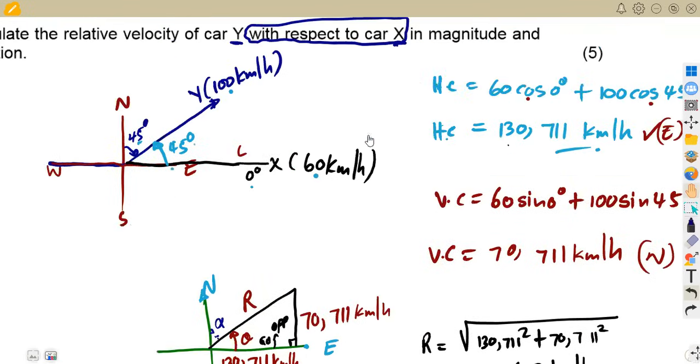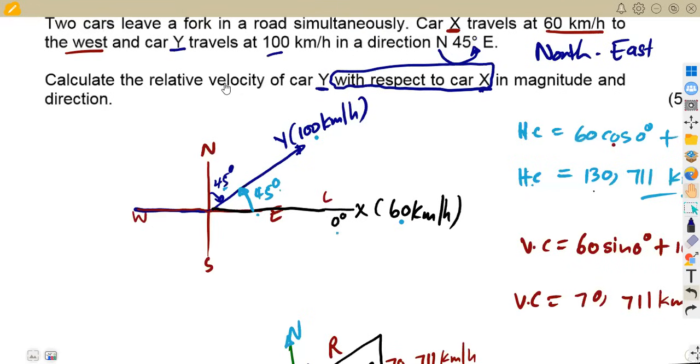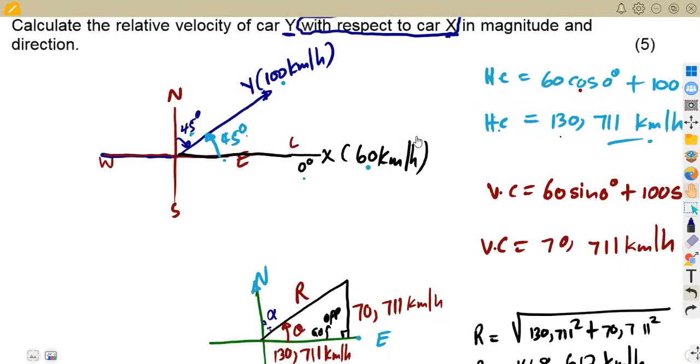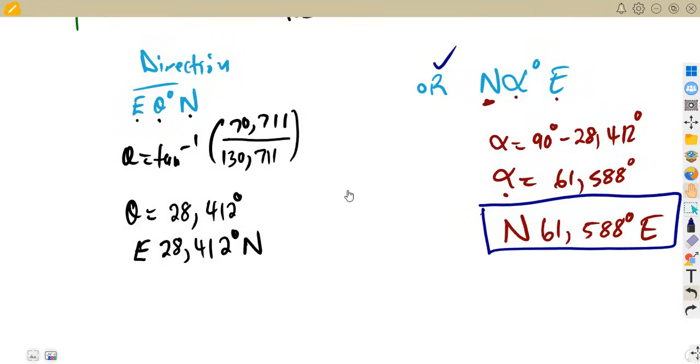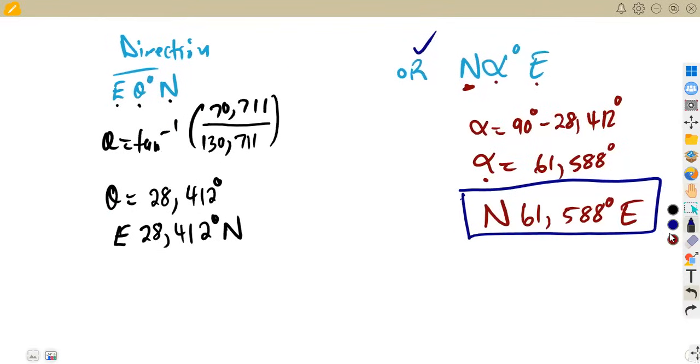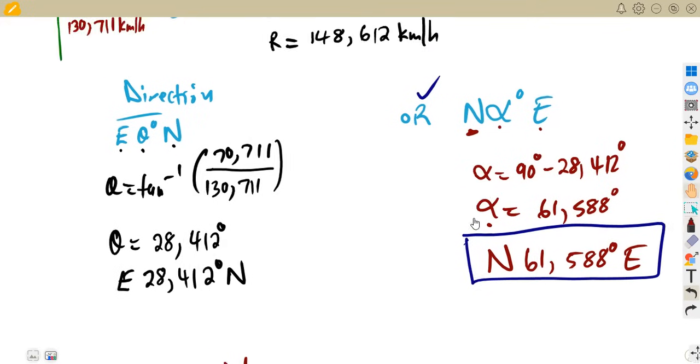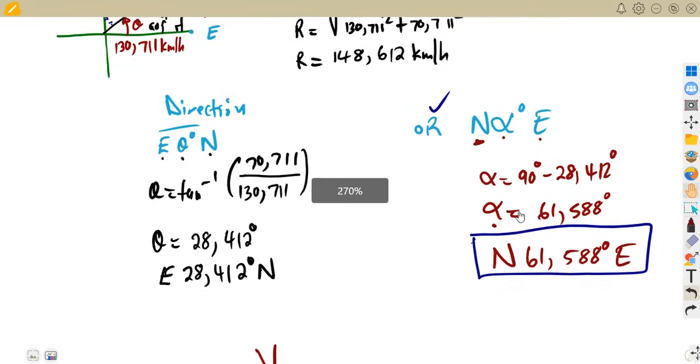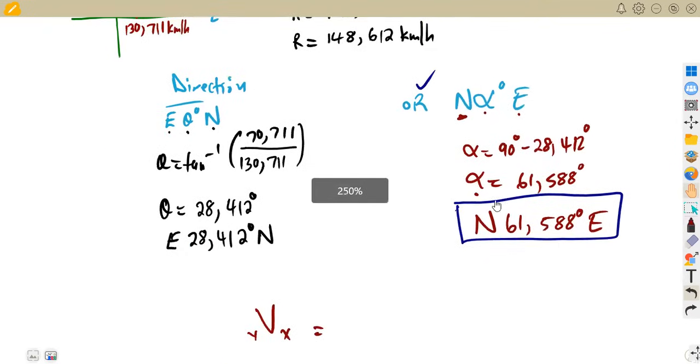Let us just have a conclusion here. It was the velocity of car Y with respect to car X. So the velocity of car Y with respect to X is 148.612 kilometers per hour.